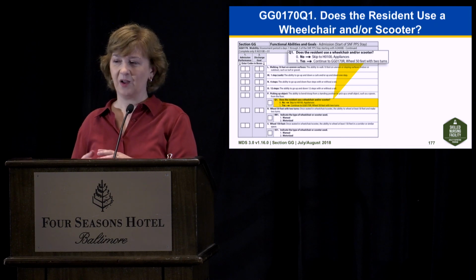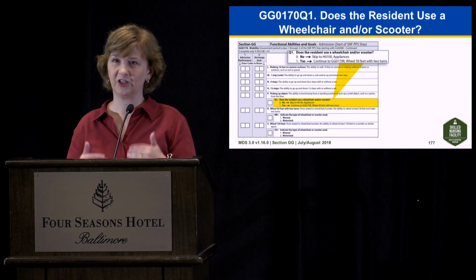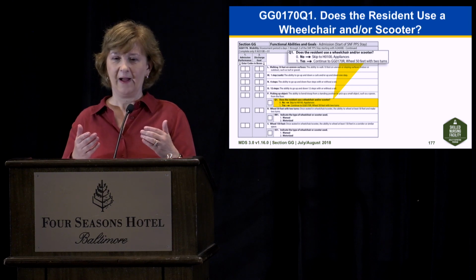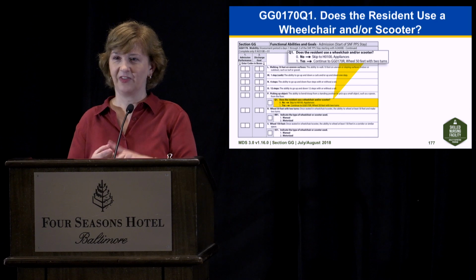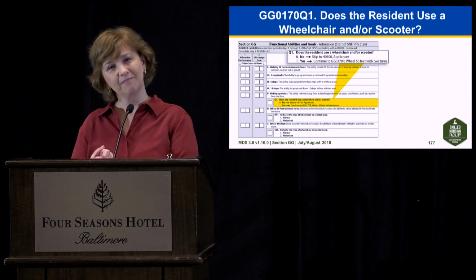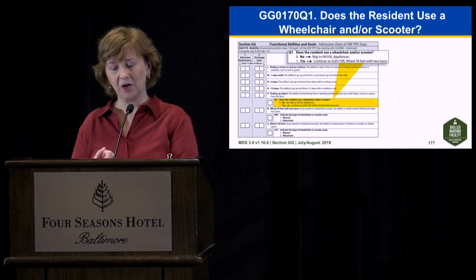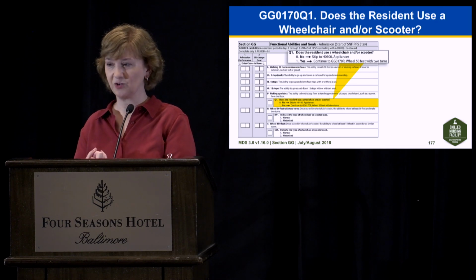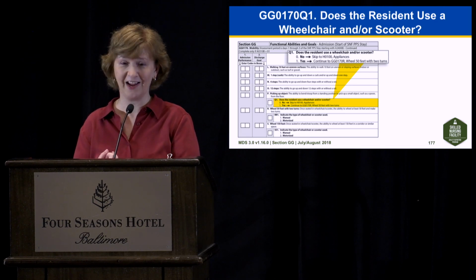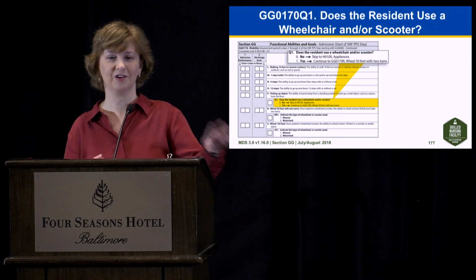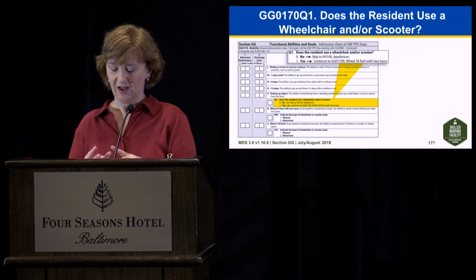So when you're coding that the person uses a wheelchair, think about, was the person using a wheelchair prior to the current illness, exacerbation, or injury? If they were using a wheelchair beforehand, then you would be coding yes, they use a wheelchair, because they're probably still using a wheelchair.